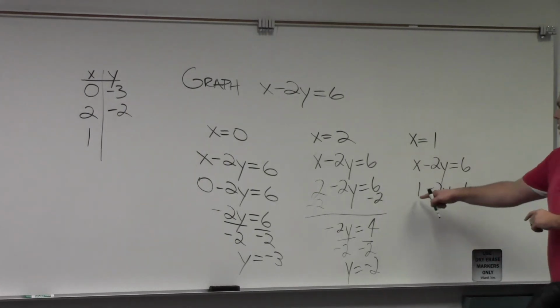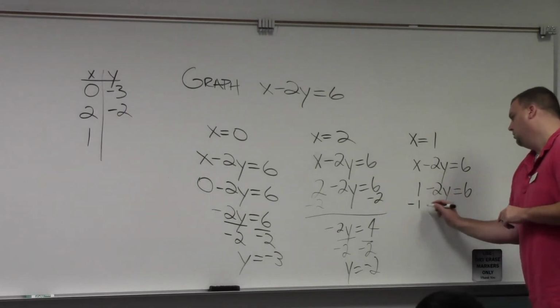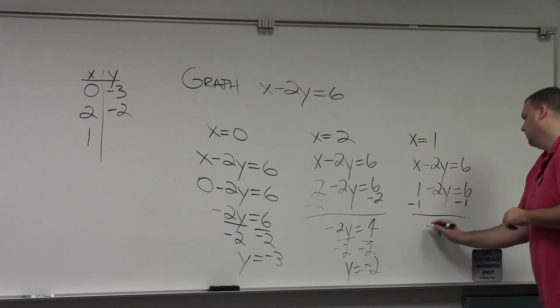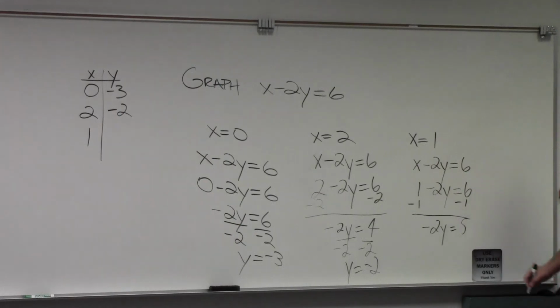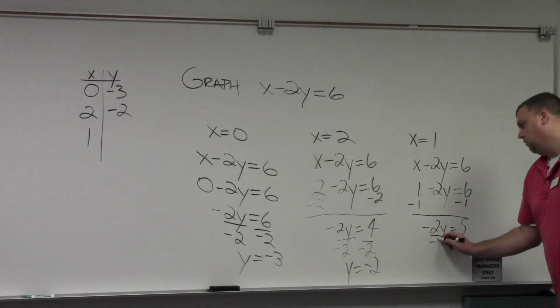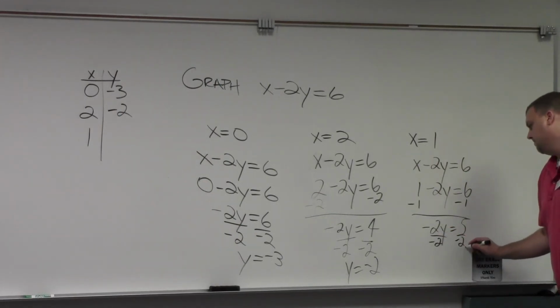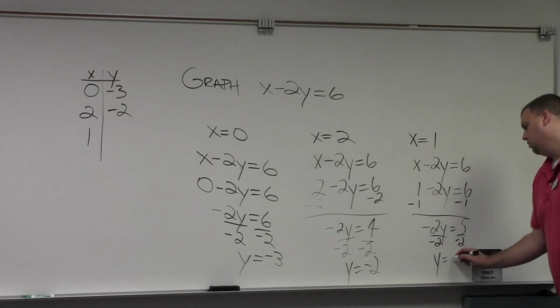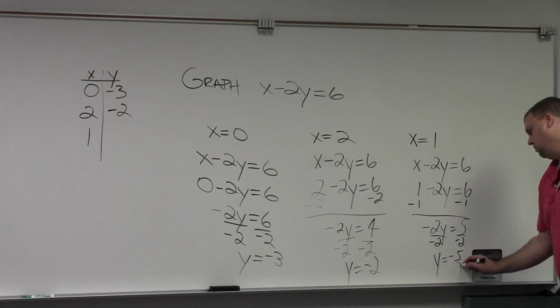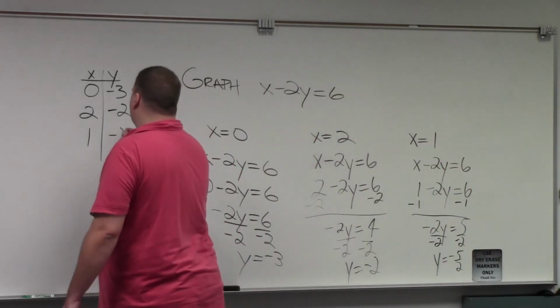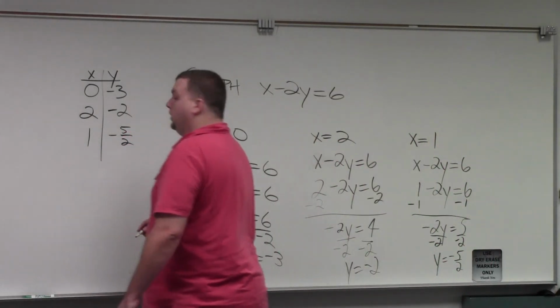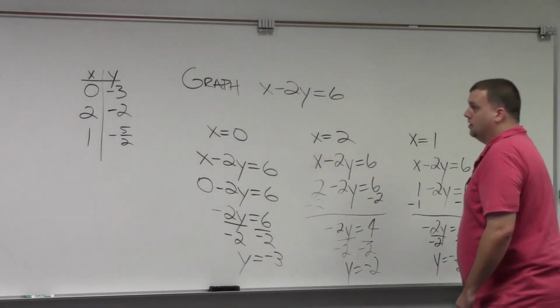So here, if I plug in 1 for x, subtract 1, negative 2y, and 6 minus 1 is 5. Looks like I'm going to end up with a fraction, right? Yes. And that is okay. Fractions are okay. Not the ideal thing to graph, but we can graph it.